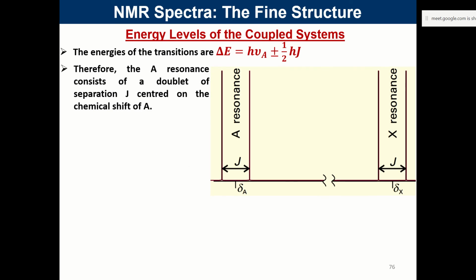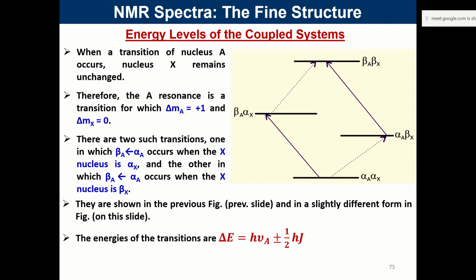Considering this way, you can see there are four transitions possible, and this hJ is much smaller compared to mu A. So what appears is that the two lines will appear at plus half hJ and minus half hJ for the given nucleus, for the A nucleus, and similarly for the X nucleus.